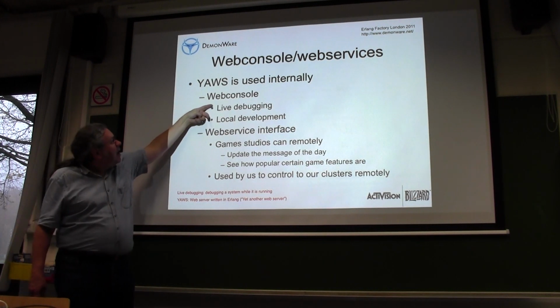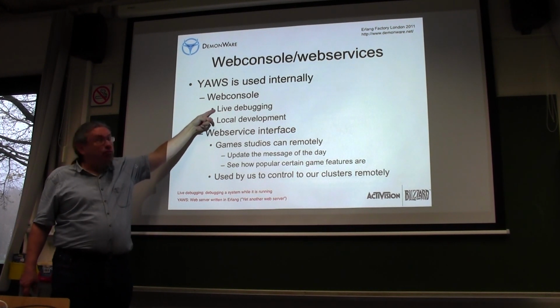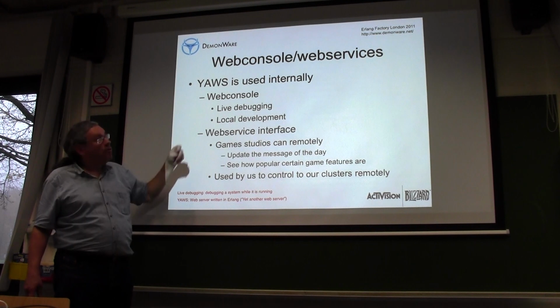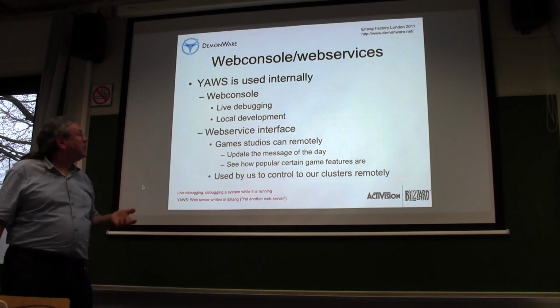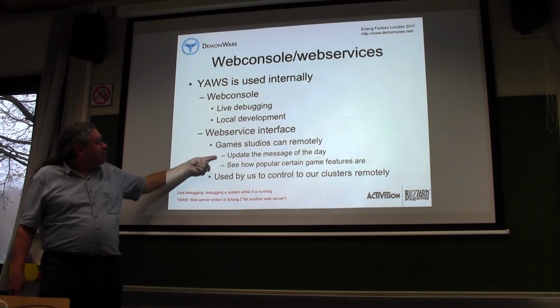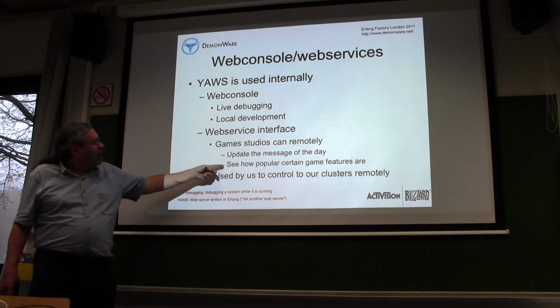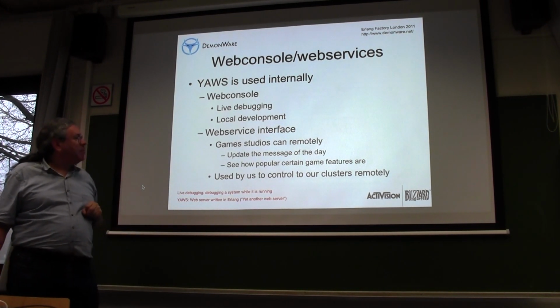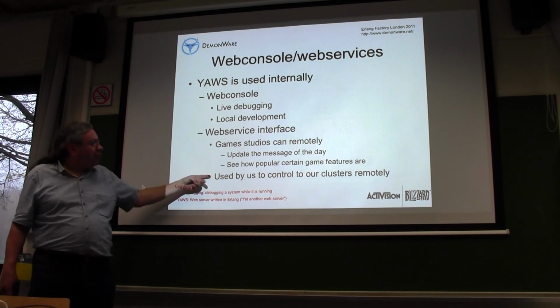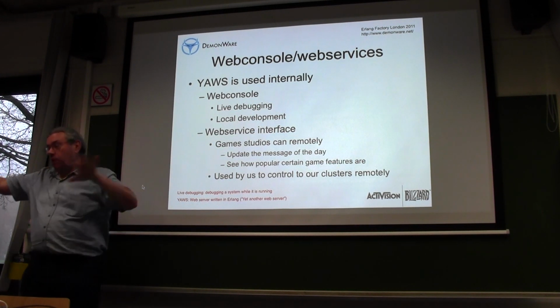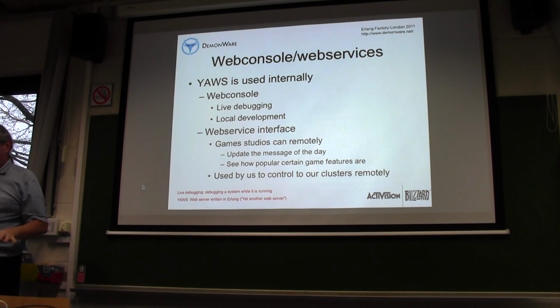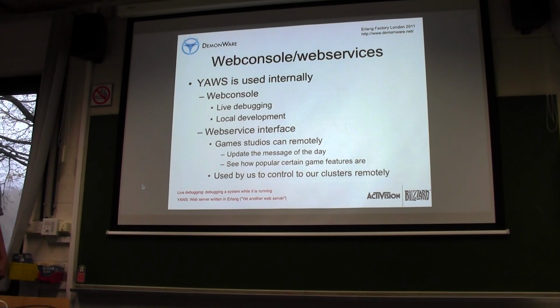Okay? And live debugging, to debug while the game is running. You can also do development, web services. You can control the game, message of the day. You can remotely see how popular game features are. You can control the clusters remotely. So there's lots of web interfaces for controlling, for debugging, for developing, okay?